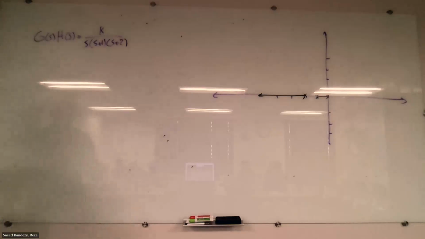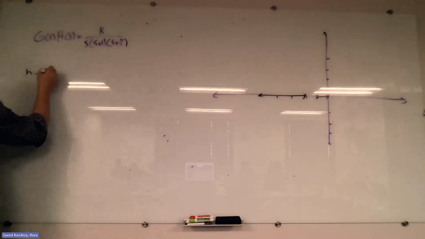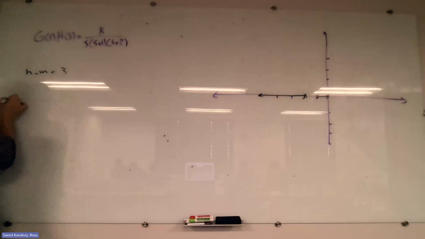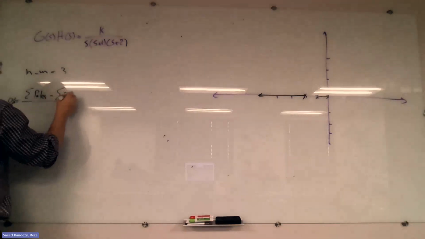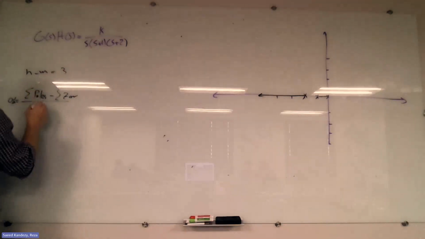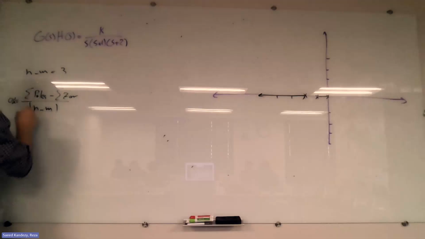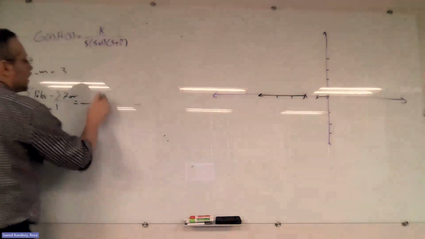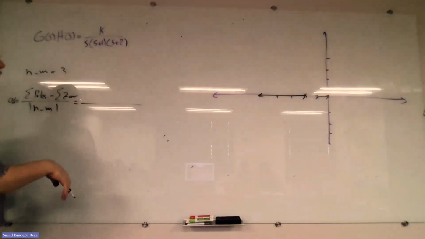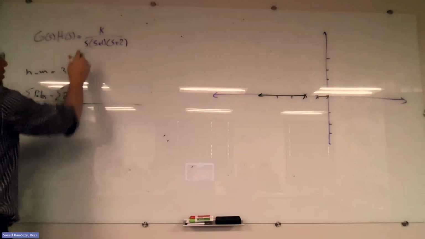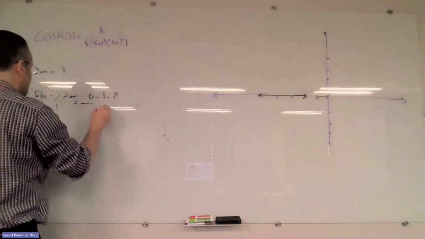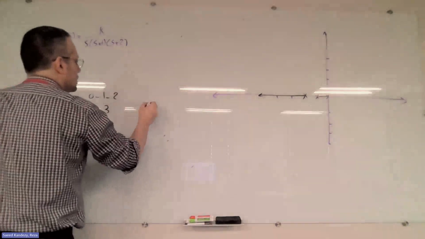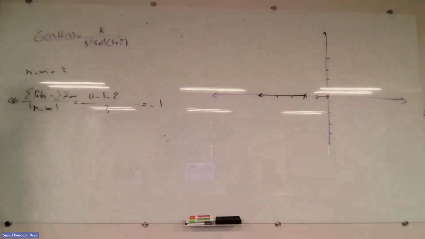Okay, so n minus m is 3. So we need to find our sigma A, which was the summation of the poles minus the summation of the zeros over that n minus m. We don't have a zero, so that's gone. We have 0, -1, -2 over 3, which is -1.